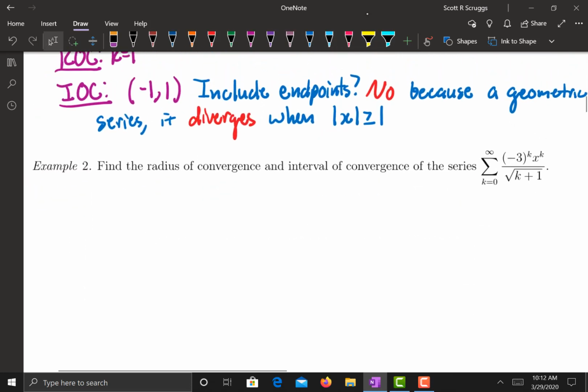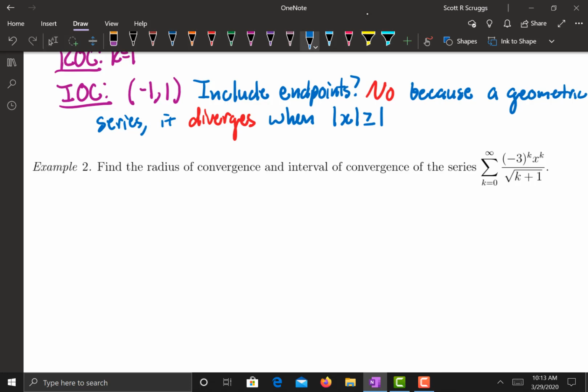All right, let's repeat this exercise with example 2. Now, we have negative 3 to the kth power times x to the k over the square root of k plus 1. And because I see x to the kth power, for this example, I'm going to try the ratio test.